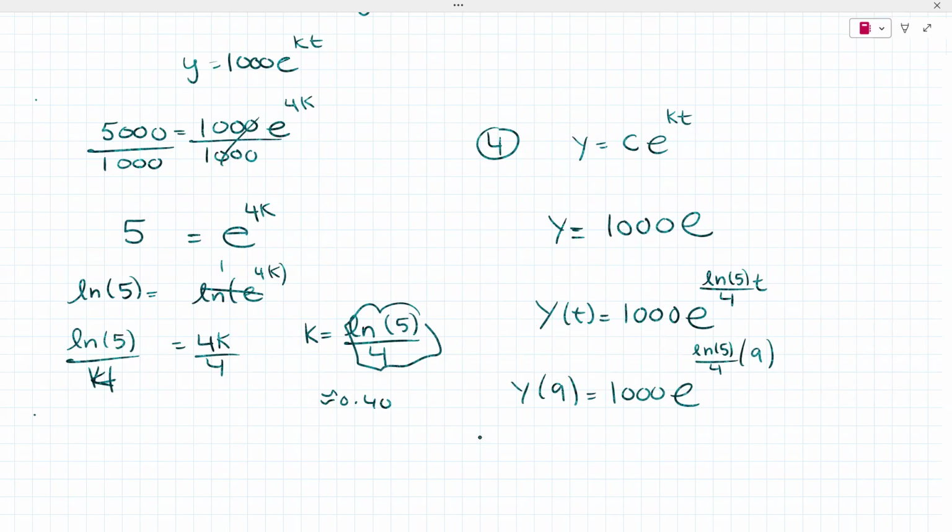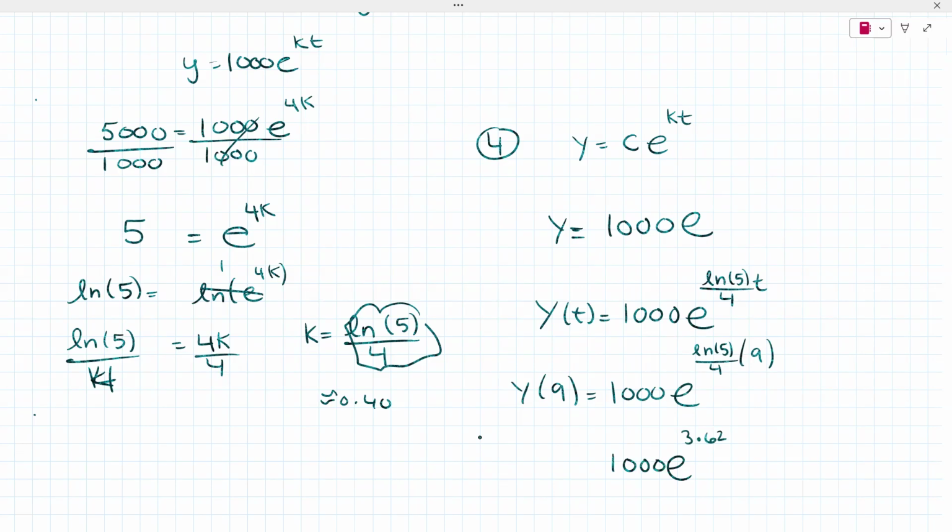If you want a decimal, what I would do is simplify the power first. So ln of 5 over 4 times 9 is like 3.62. So this could be 3.62 and then 1,000.